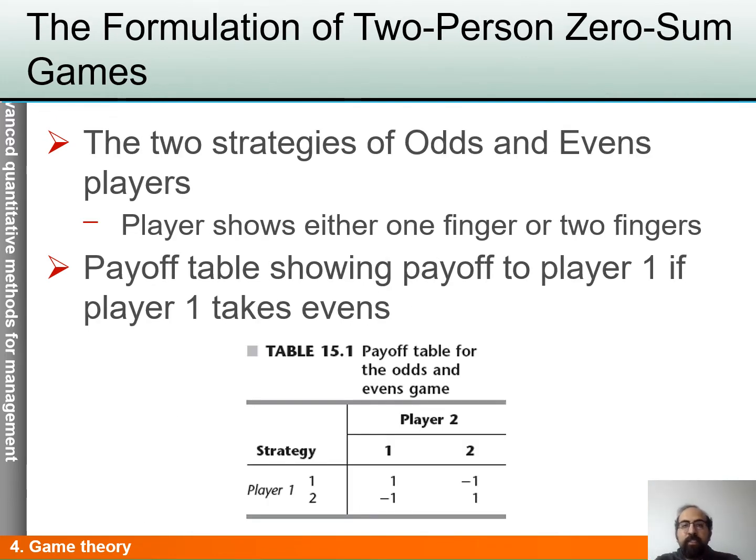To continue the concept of the last slide, let's focus on this slide. As you see, guys, this is the same topic that we were talking about, the 2 strategies of odds and evens players. As we reviewed, one player can have 2 strategies, showing 1 finger or showing 2 fingers, while the other player has the same 2 strategies.